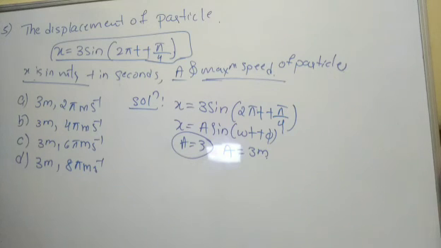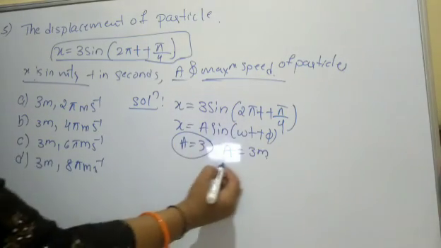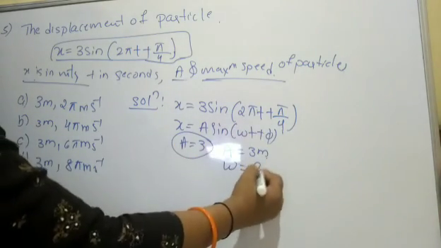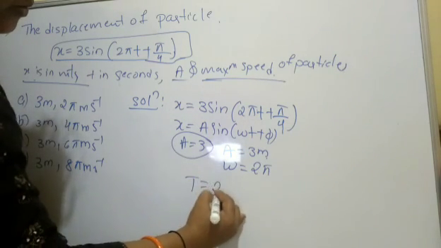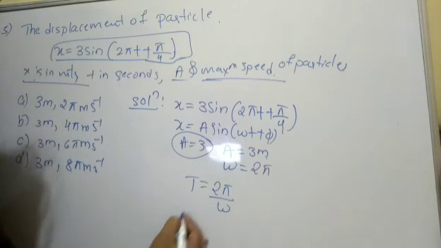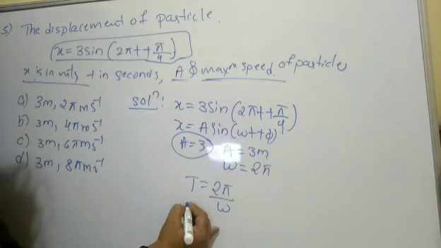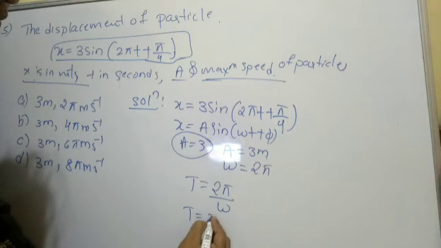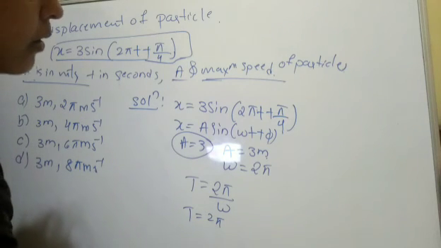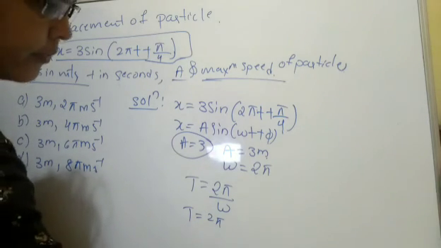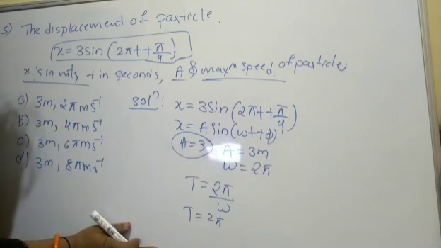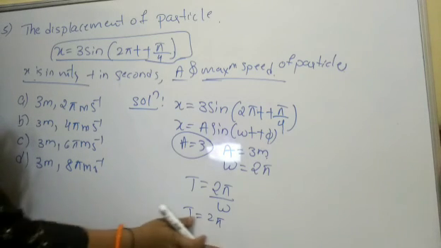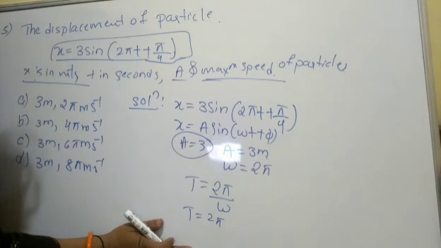In this, omega is equal to 2 pi with respect to this equation. We have the time period T is equal to 2 pi by omega here, right? So it is going to be cancelled here, it doesn't give any meaning.